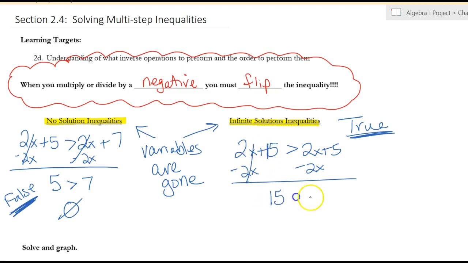So it'll be 15 is greater than 5. 15 is greater than 5, so it's true. If I had 5 greater than 5, like I started off with, this is not true. Unless I make it equal. If I make it equal, then it's true. But if it's just 5 is greater than 5, then that is not true.